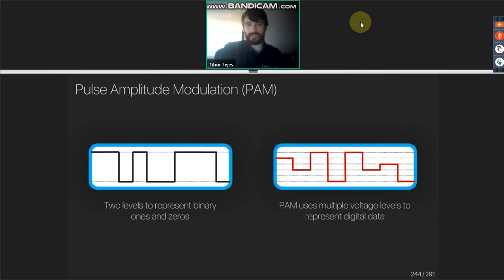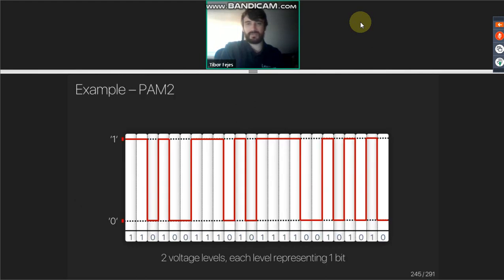With PAM, what we end up doing is using more than 2 voltage levels. There are different versions of PAM that correspond to the different number of voltage levels being used. For example, PAM2 is what we've already talked about, where we've got 2 voltage levels, a high and a low. Each voltage level represents either a 1 or a 0.